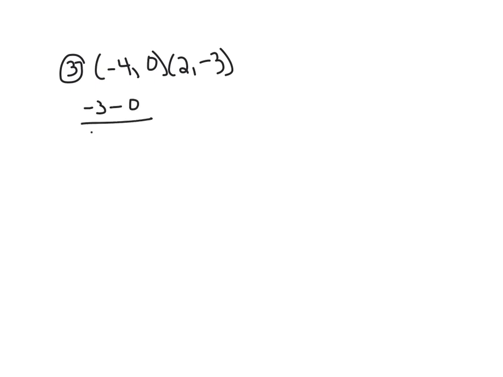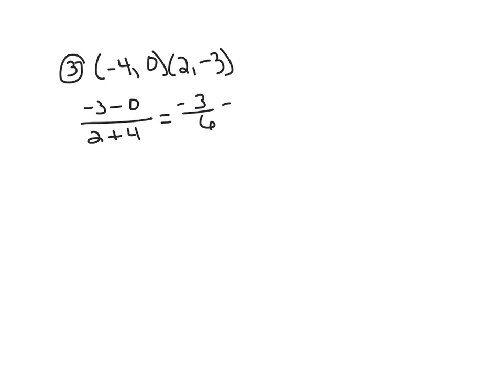All right. So, number 3. At any time, you can hit pause and try them and see if you can get it to work. Slope first: negative 3 minus 0 over 2 plus 4, because it's minus a negative. Negative 3 over 6.